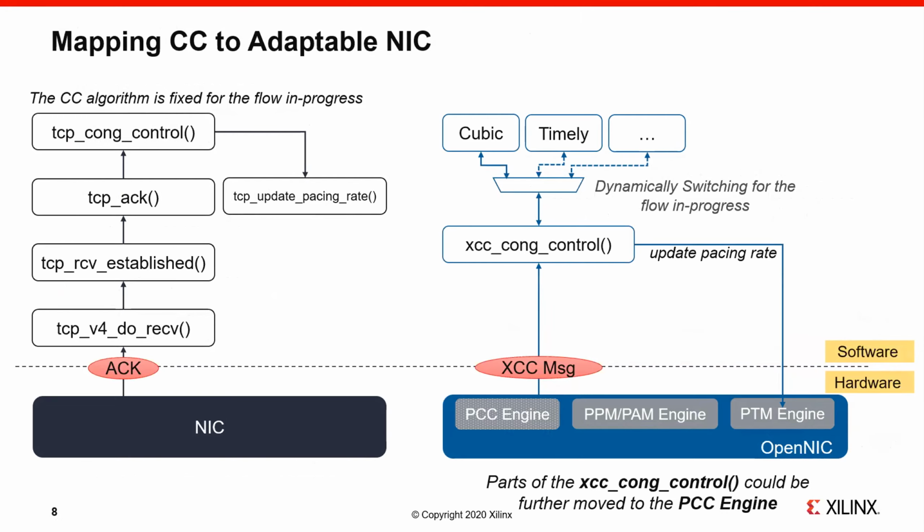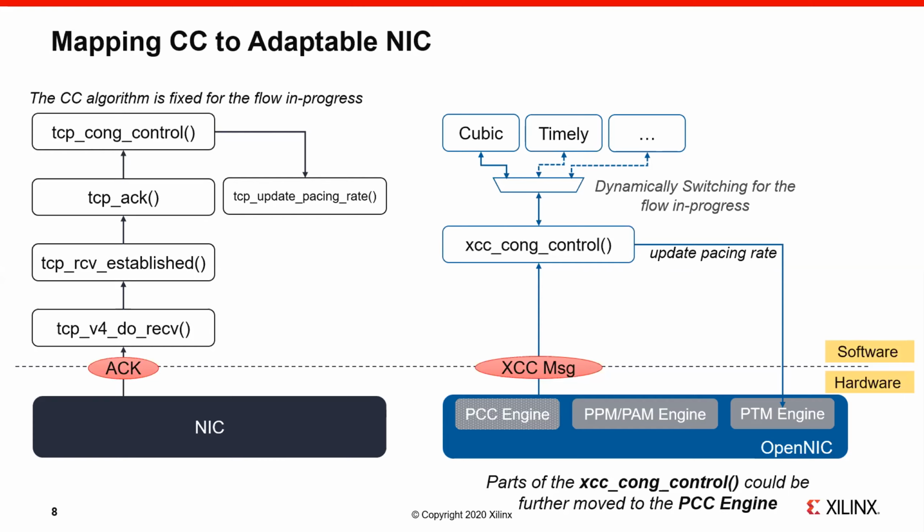Okay, so this page is trying to answer the question of how we could map a congestion control algorithm into the adaptable NIC. On the left, there is one congestion control algorithm.